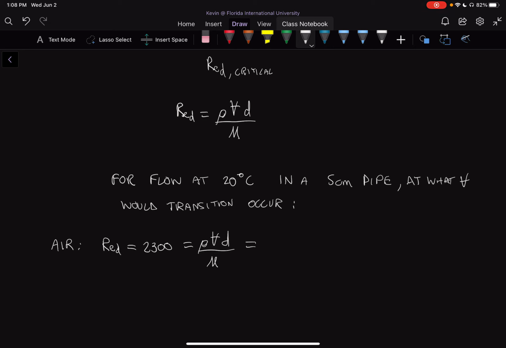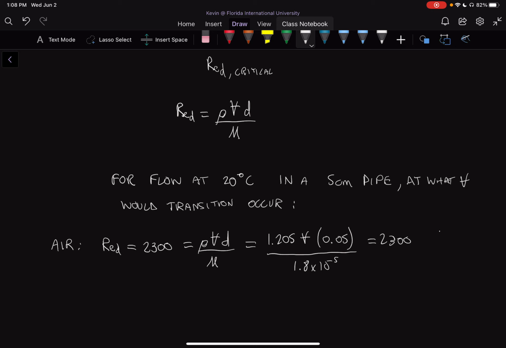So if you go to your appendix, I'm not going to go to the appendix now, but if you go to your appendix, you would have 1.205 times velocity times 0.05 for your diameter over 1.8 times 10 to the minus 5. And you know that this is equal to 2,300.